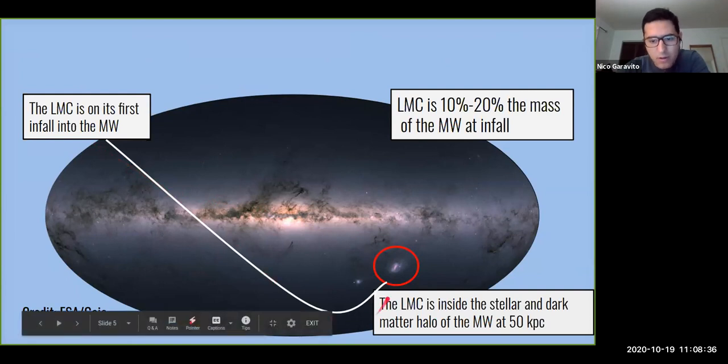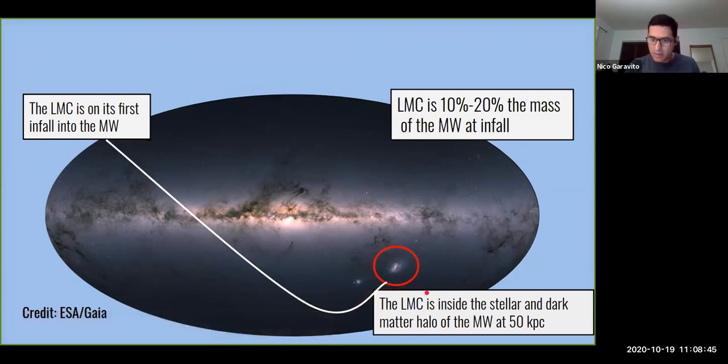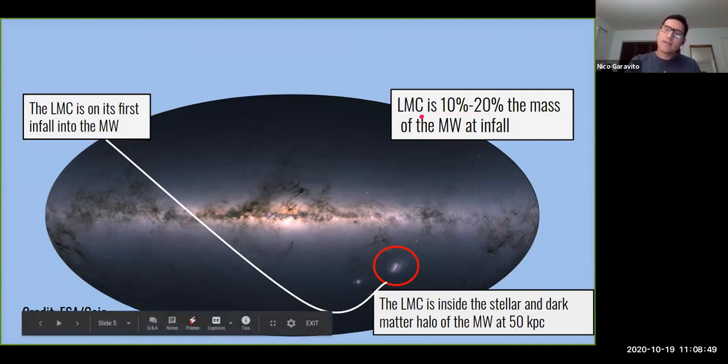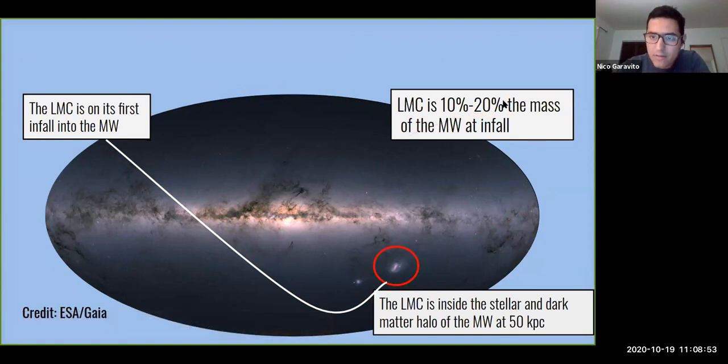This is more or less the orbit. It just passed its first pericenter approach, and it's right now at 50 kpc, so it's inside the stellar halo and the dark matter halo of the Milky Way, and this is going to be important. Roughly, the mass of the LMC is 10 to 20% that of the Milky Way. So it's an important contribution of mass, and it's perturbing the Milky Way, and this is exciting.